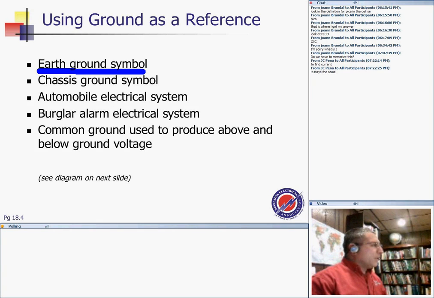Chassis ground is used in low voltage, automobiles and so forth, where the reference point will be the frame of the vehicle.